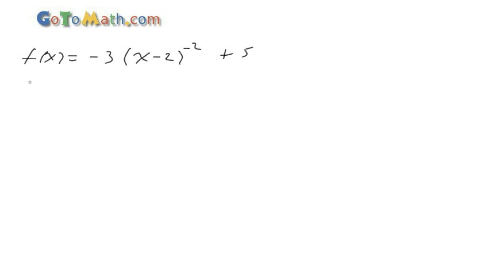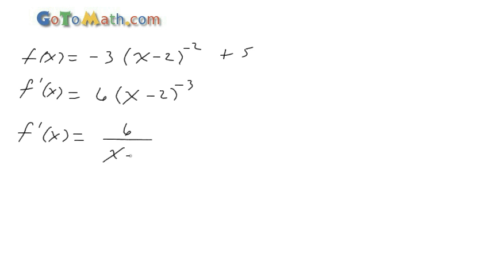Alright, so we say f prime of x is equal to, bring the negative 2 out front, negative 2 times negative 3 is just 6. We have x minus 2, subtracting 1, that gives us negative 3, and the derivative of 5 is 0. Now let's go ahead and rewrite this with positive exponents. Right. And we have x minus 2 raised to the third power.